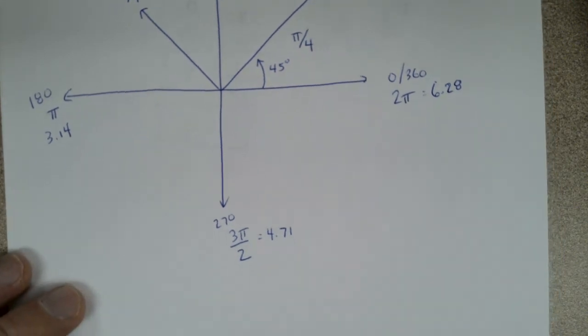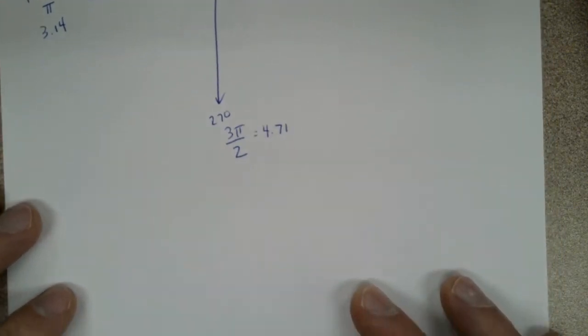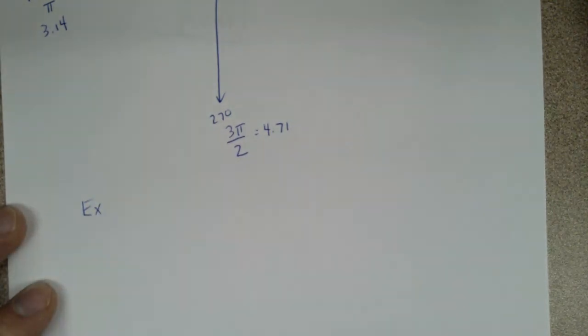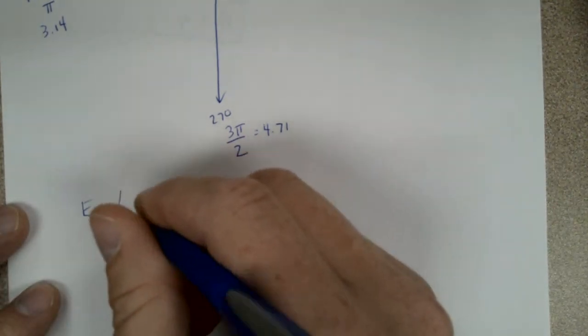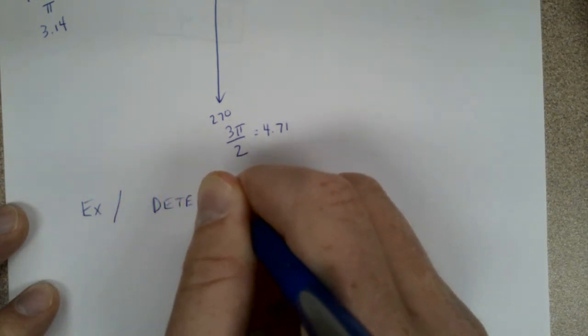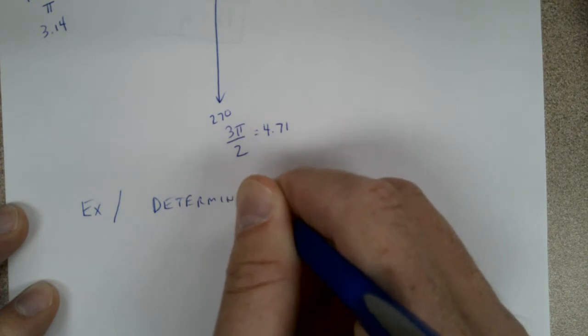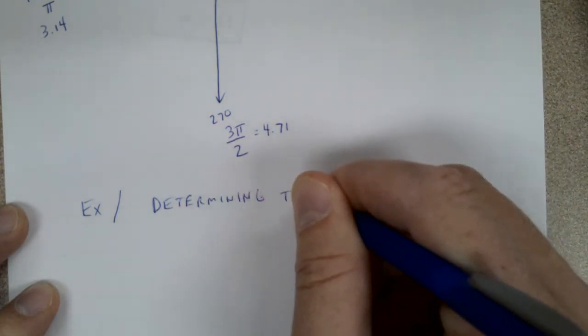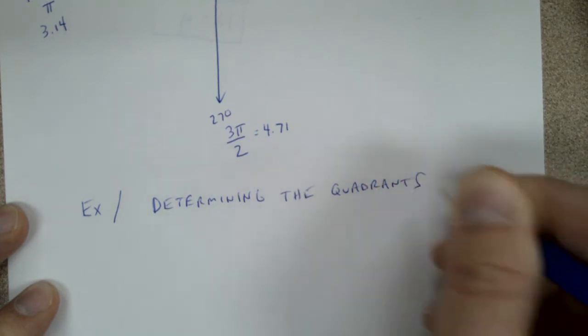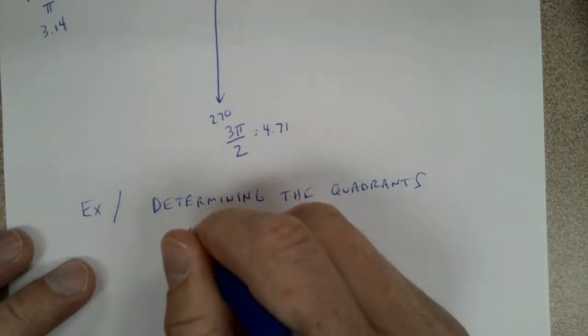Let's take a look at a few examples similar to what we did yesterday. So this first one, we're determining the quadrants. So let's go through a few of those.